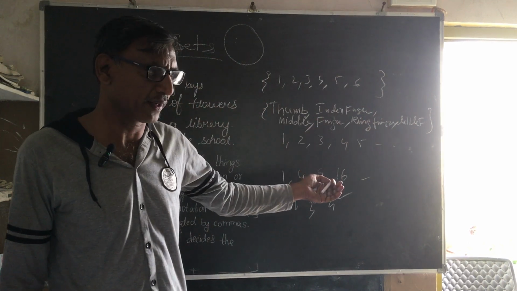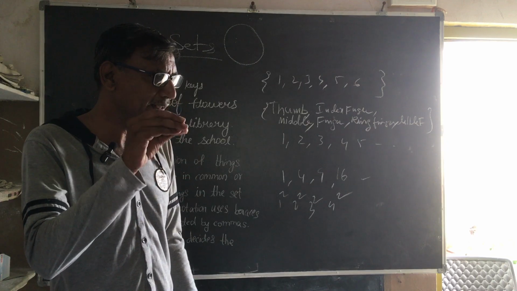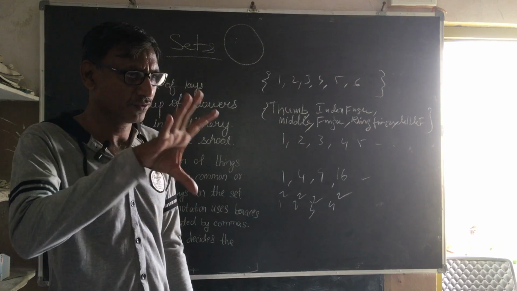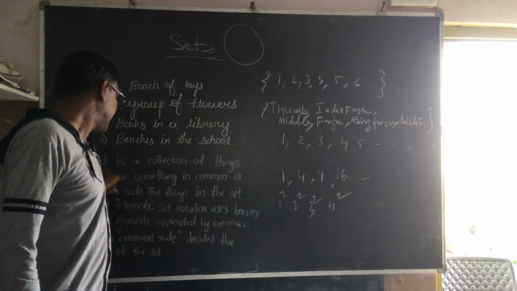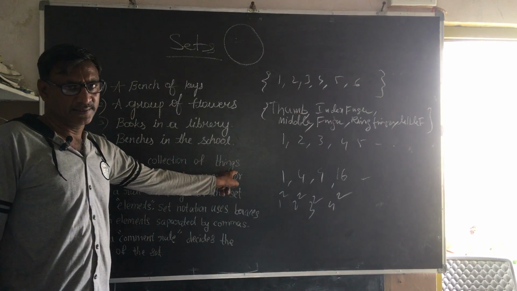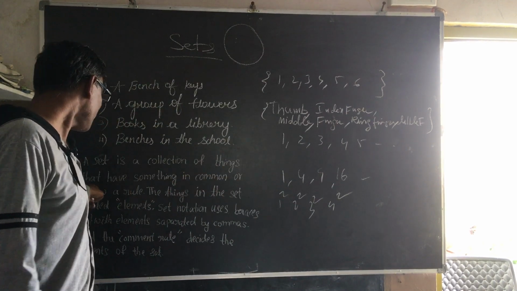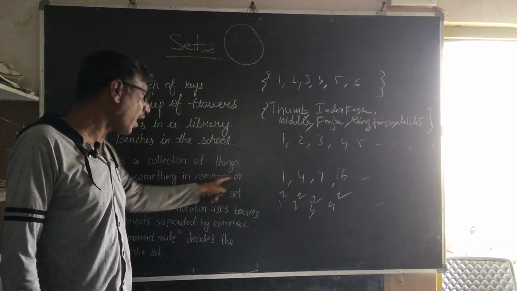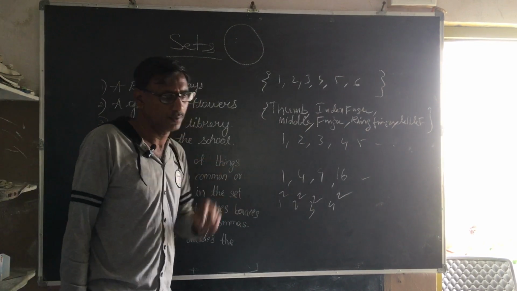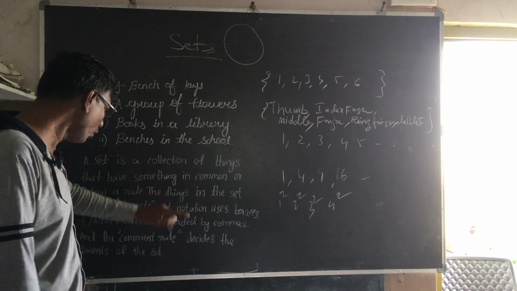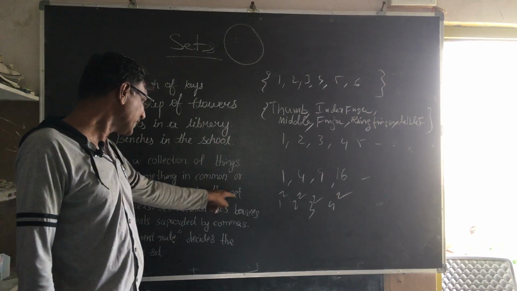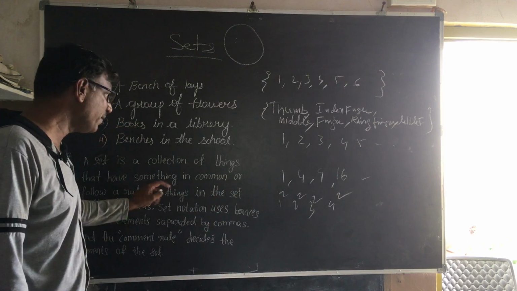Something common property. What is that? Those are all fingers. With their help we will do something. A set is a collection of things that have something common or follow a rule, a rule. The things in the set are called elements.